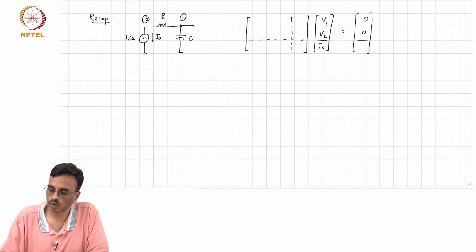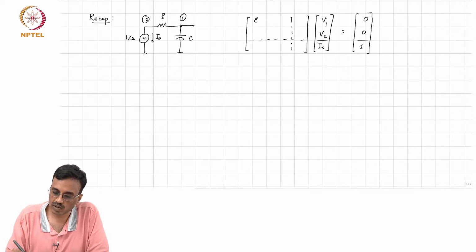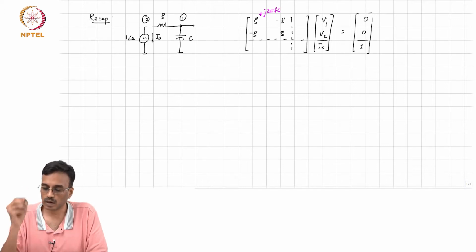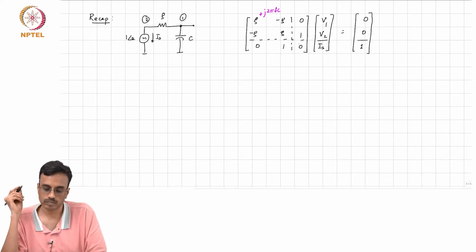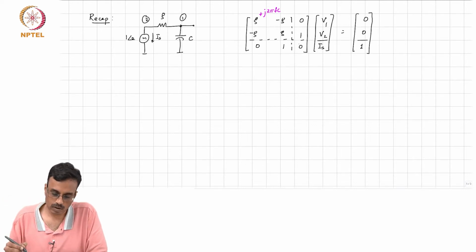0, 0, and 1, and between 1 and 2 there is going to be G, minus G, minus G, G, and you will add a plus j 2 pi Fc, and this becomes 0, 1, and this becomes 0, 1, 0, or the other way around.